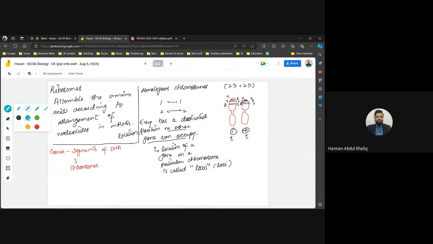Now, a question can be asked: if both mothers and fathers' genetic makeup is so similar, how is variety possible in human beings?